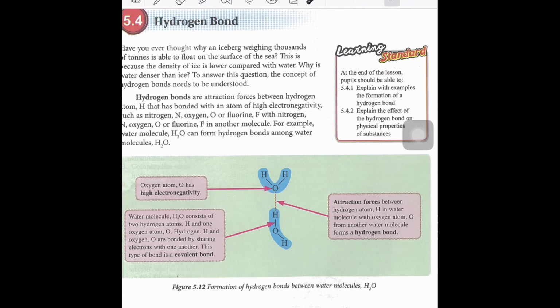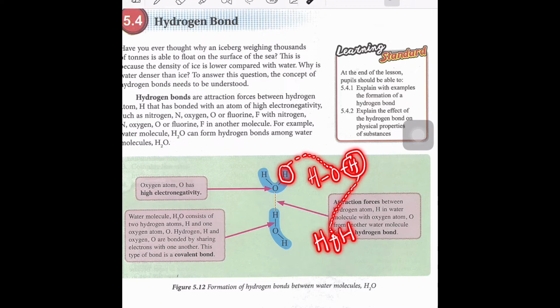Jadi kamu imagine lah, di dalam molekul-molekul air ada banyak H2O. Antara this H, it can form bond with this high electronegativity atom, which is the O. And this H also can form the same hydrogen bond with the high electronegativity atom.